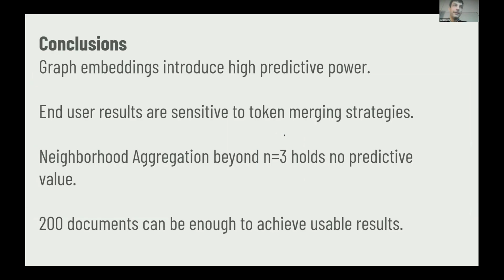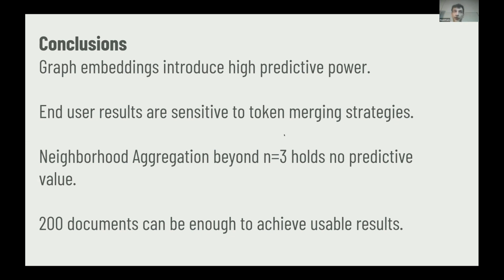I would like to discuss our conclusions. The first one, as mentioned, is that graph embeddings introduce high predictive power. And this is natural and can have a more theoretical explanation, in the sense that the two-dimensional layout of documents is exploited in a more precise way by embedding every single token using the GraphSAGE algorithm.